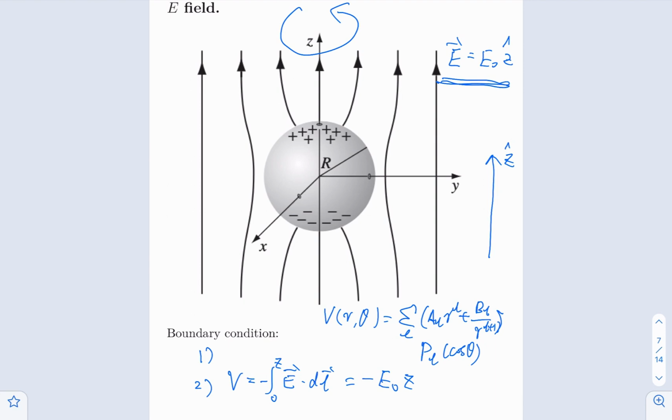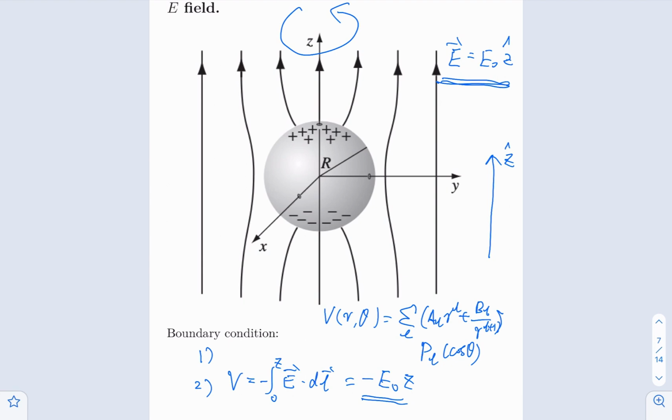So actually for this special problem, the potential is not 0, but takes a very strange form, like over here. This is one of the boundary conditions.